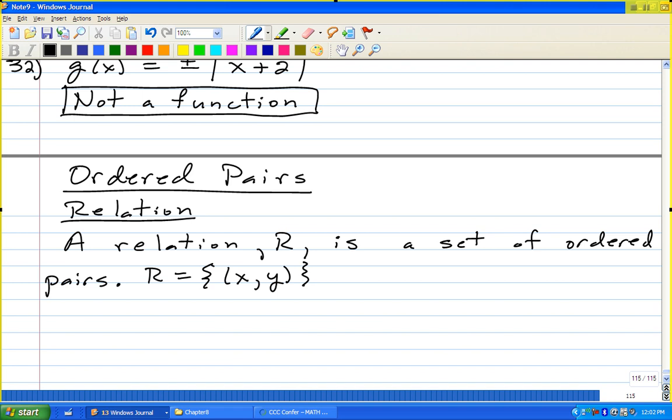A function is a particular type of relation.